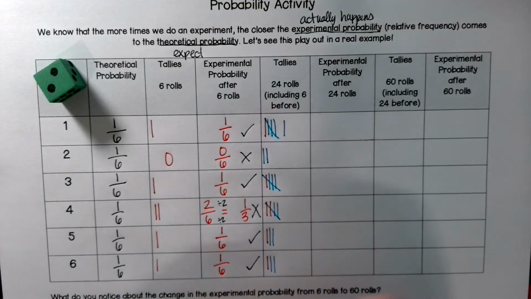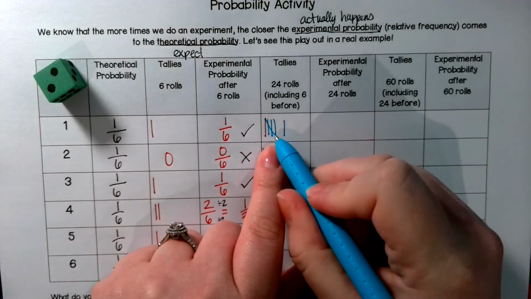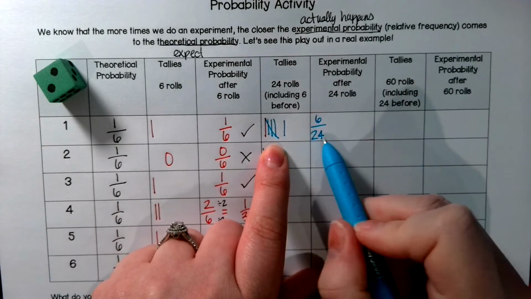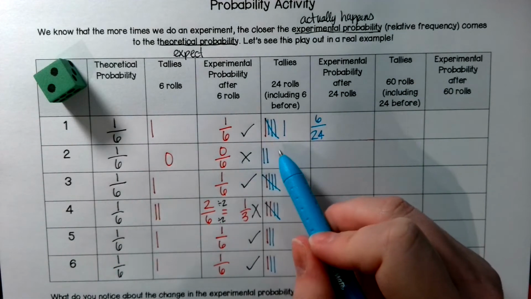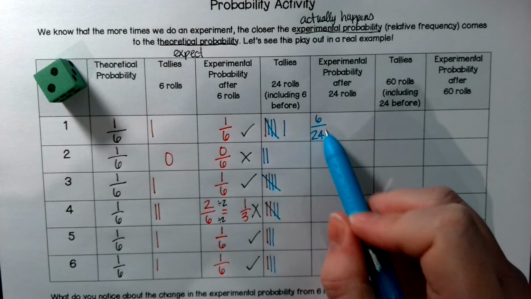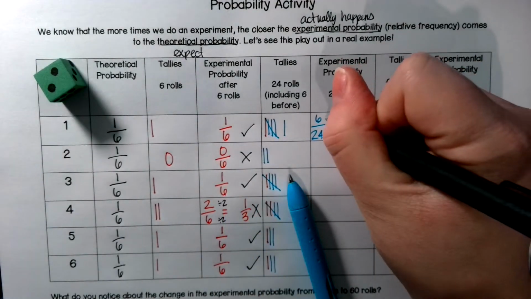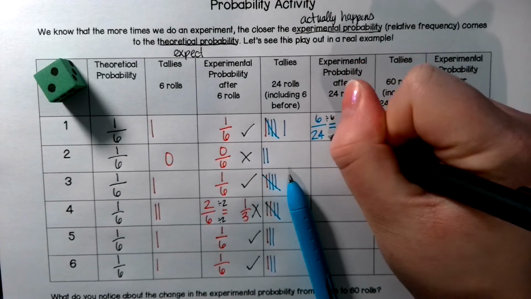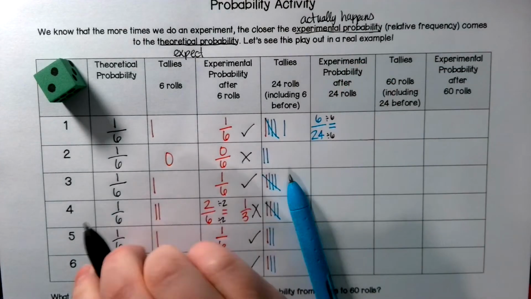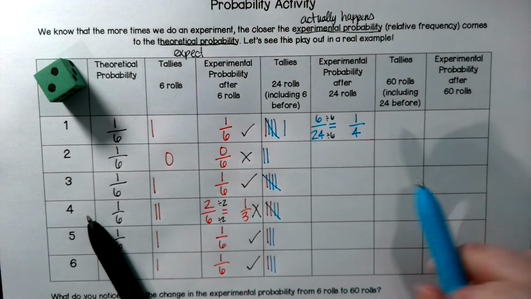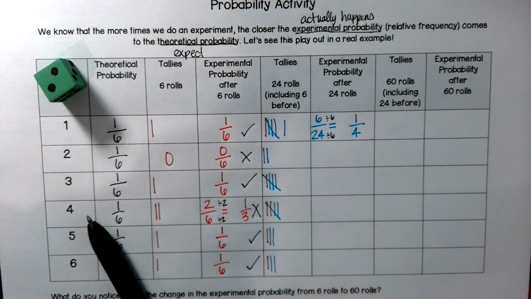After my 24 rolls, 6 of them, of the 24, were ones. We can simplify that. Divide by 6, and I get 1 out of 4 for my probability of rolling a 1.